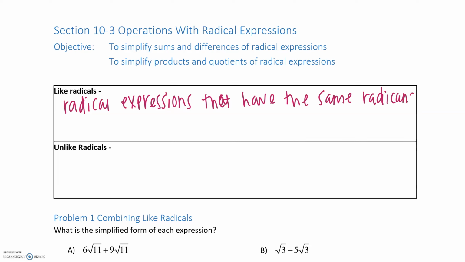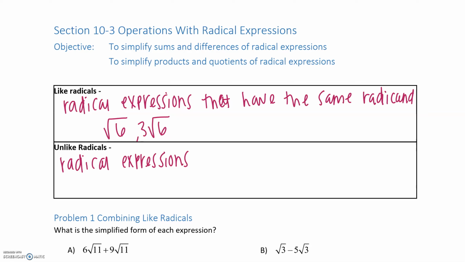So that means that the number under the radical sign is the same, okay? And knowing that, then the unlike radicals are just radical expressions that do not have the same radicands.